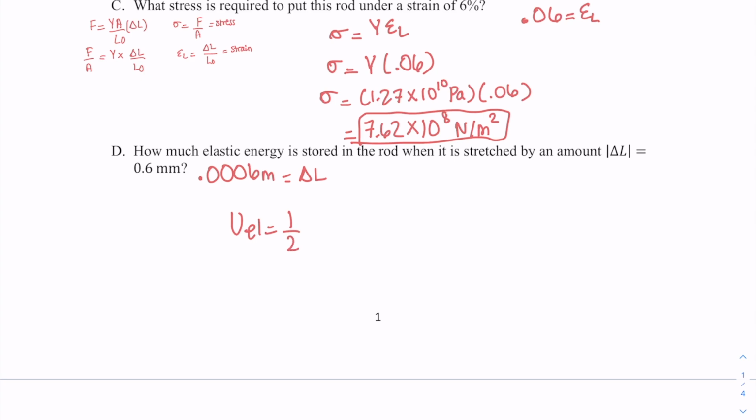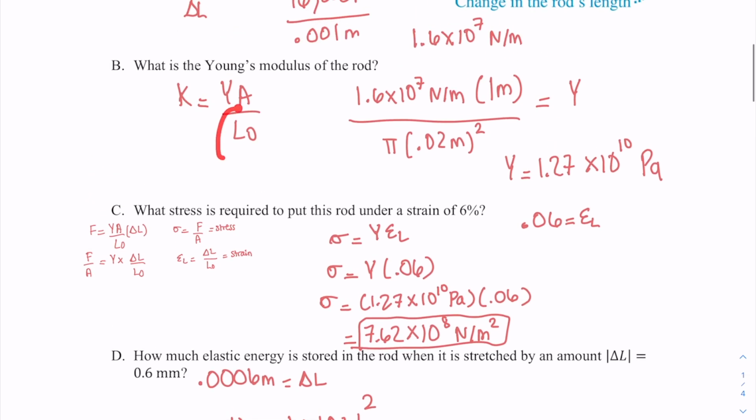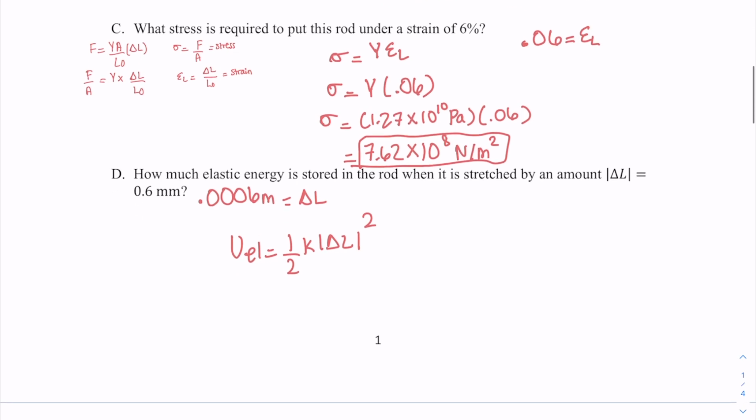Like I said, instead of x, we usually just go with delta L in this chapter, especially because we're referring to lengths of the rod, not displacements. So we use half k delta L squared, for the sake of keeping things in L's, because we have L0.